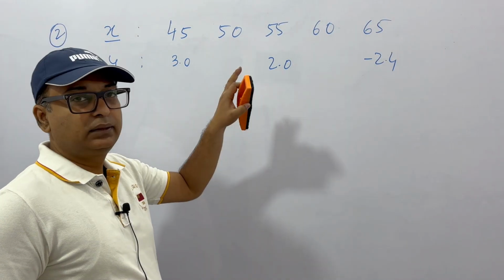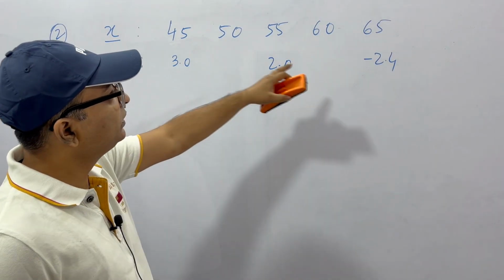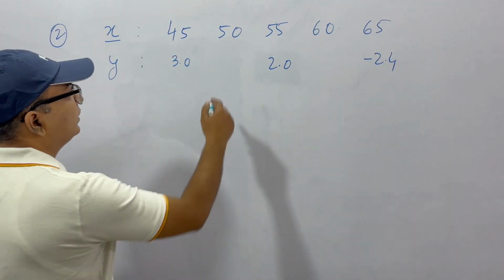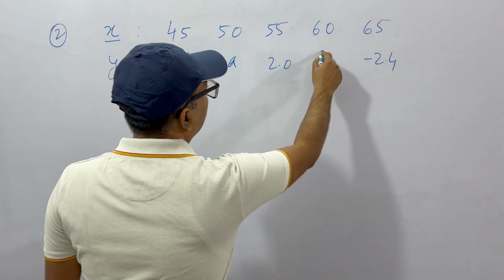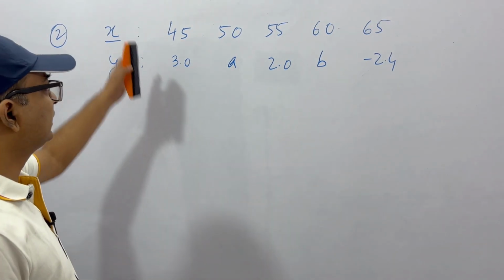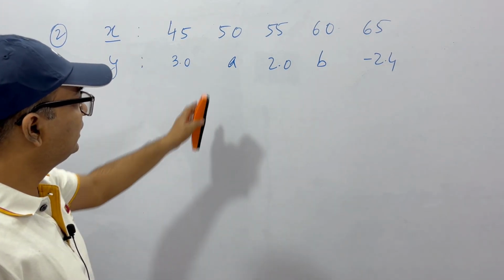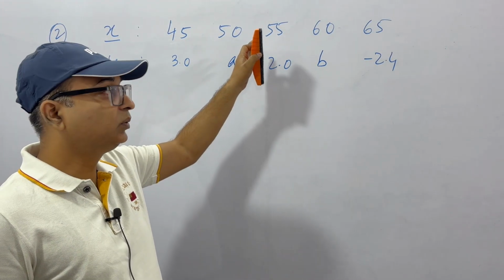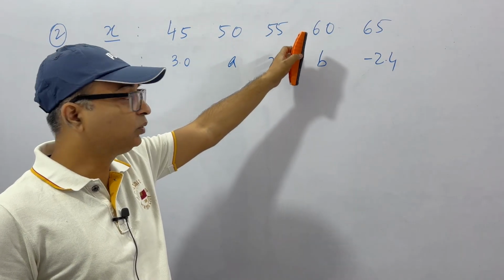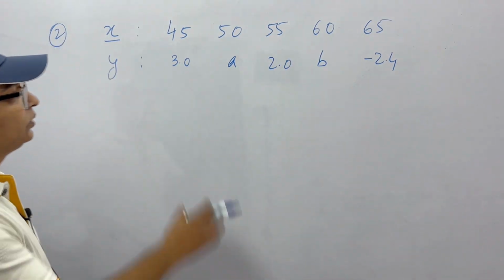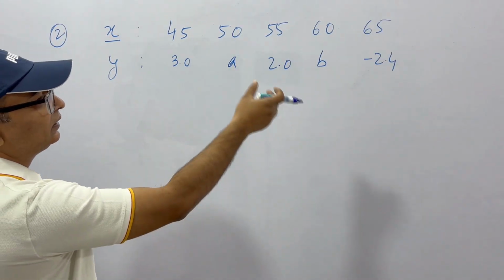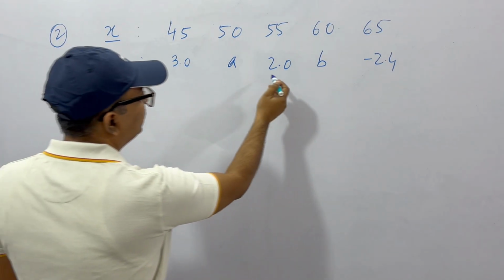Let's see another example. Here we have two missing terms. Now, you know how to do this by constructing the table. You can have x, y, delta y0, delta 2 y0 and so on. So you can construct the table. Here we have 1, 2, 3.